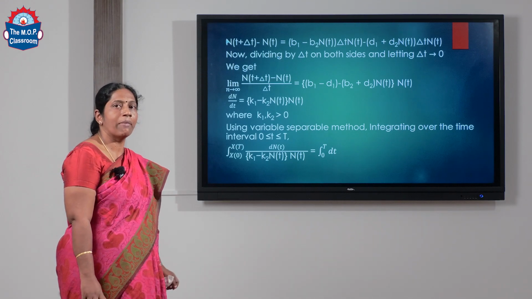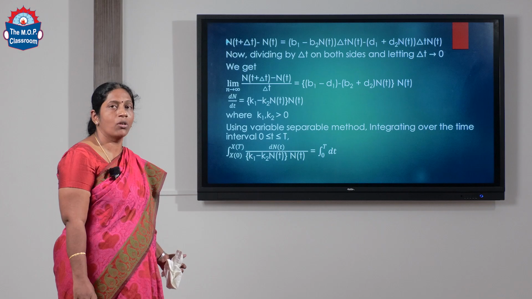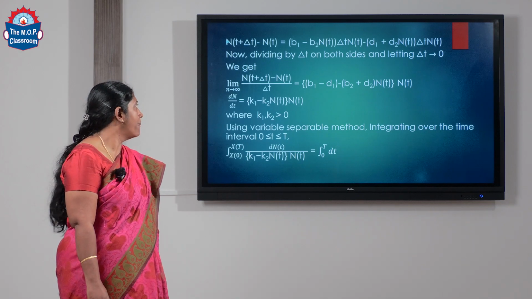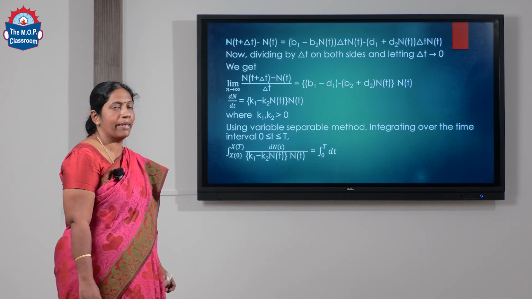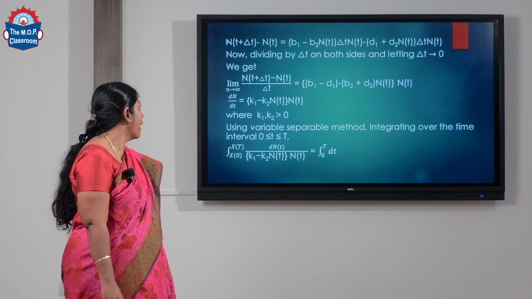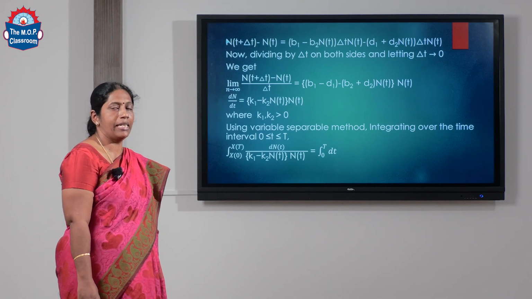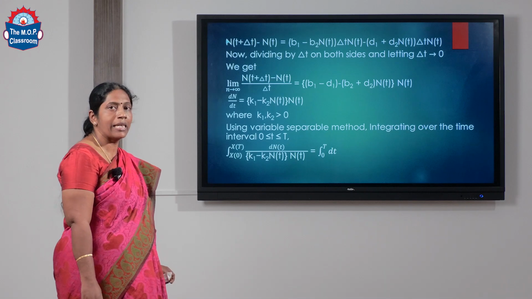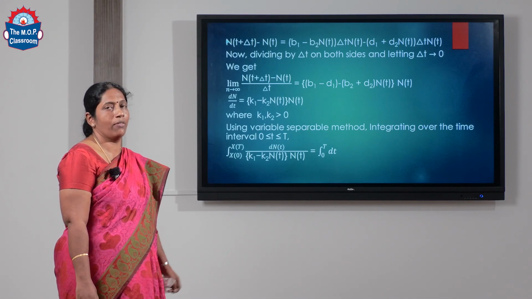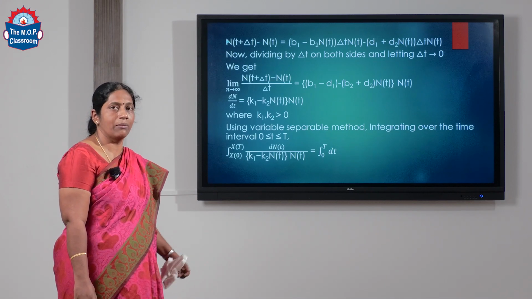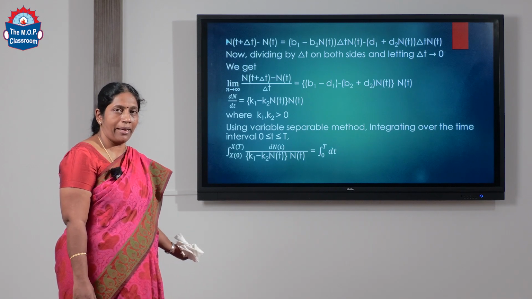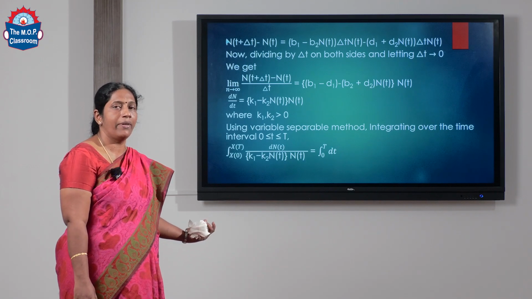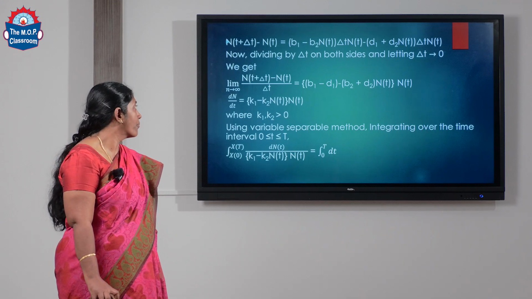Now B1 minus D1 can be replaced by another constant K1 and B2 plus D2 can be replaced by K2. So we have dN by dt is equal to (K1 minus K2 N of t) into N of t. Now again proceeding in a similar way, we separate the variables and integrate between the limits 0 to t.